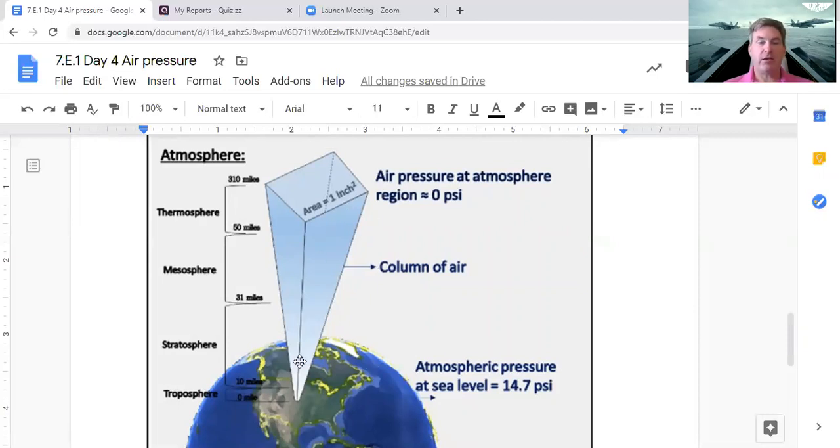This entire column over the square inch ends up weighing 14.7 pounds. That is our standard atmospheric pressure.